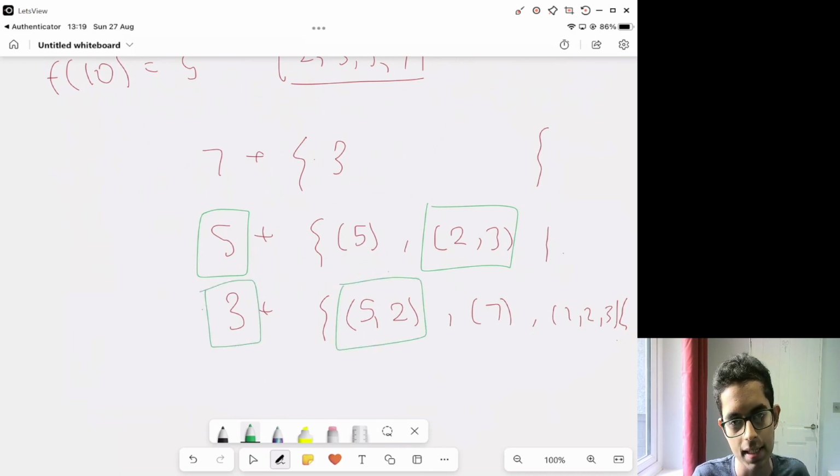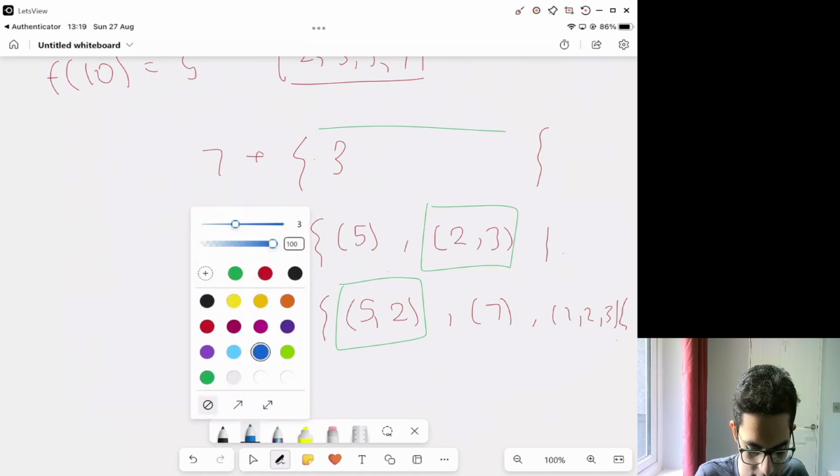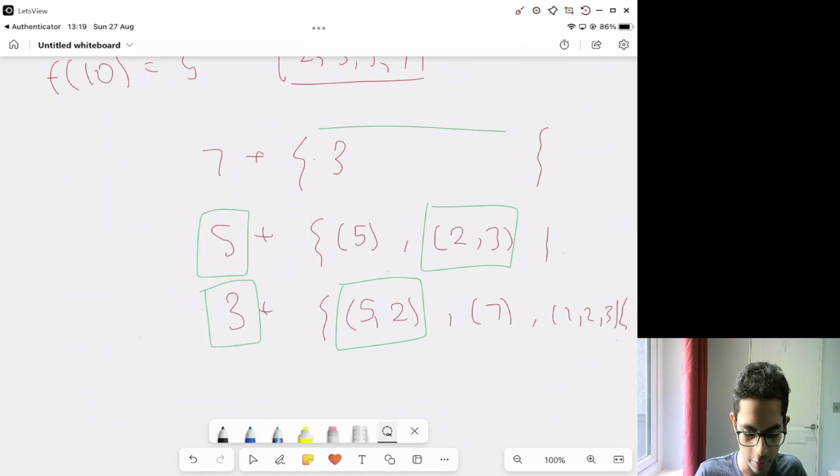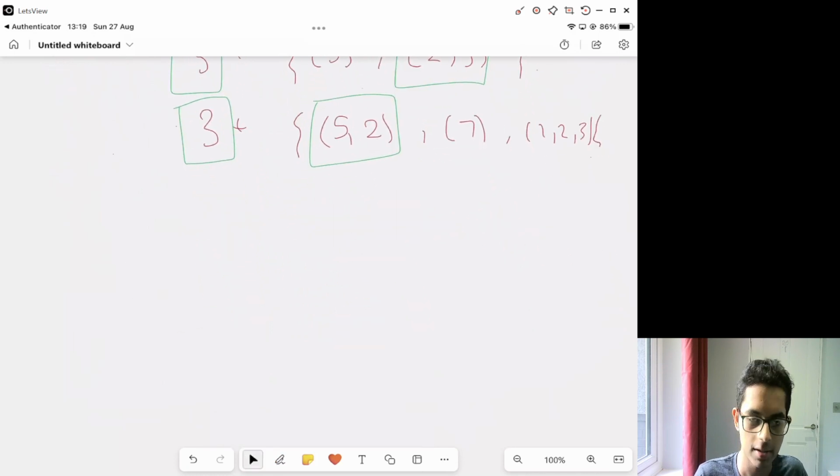So this gives us an insight into the problem: it's not as simple as just adding up the number of ways in which we can get to 3 plus the number of ways in which we can get to 5 plus 2. We need to find a way so we don't have this double counting. And probably the neatest way to do that is to say that when we generate our primes, we will have them in a strictly decreasing order.